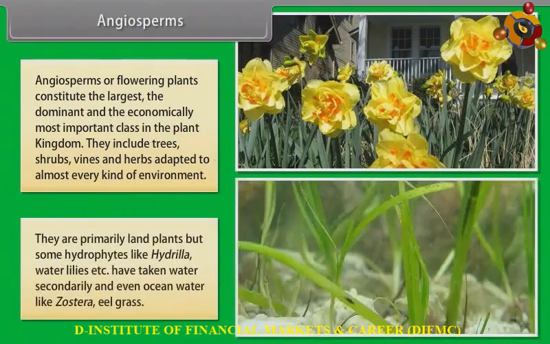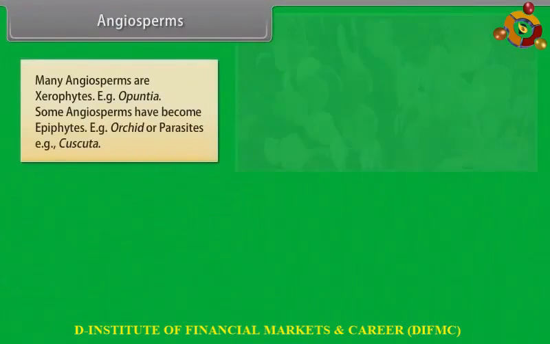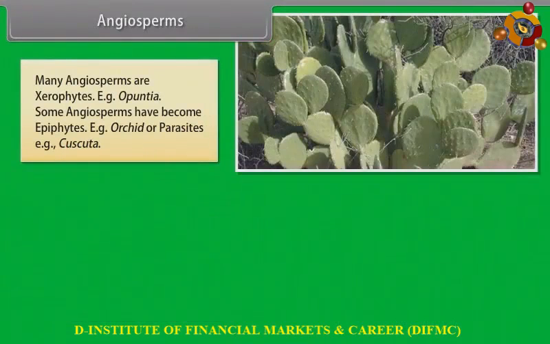They are primarily land plants, but some hydrophytes like Hydrilla and water lilies have taken to water secondarily, and even ocean water, like Zostera, eel grass. Many angiosperms are xerophytes, example, Opuntia. Some angiosperms have become epiphytes, example, orchid, or parasites, example, Cuscuta.